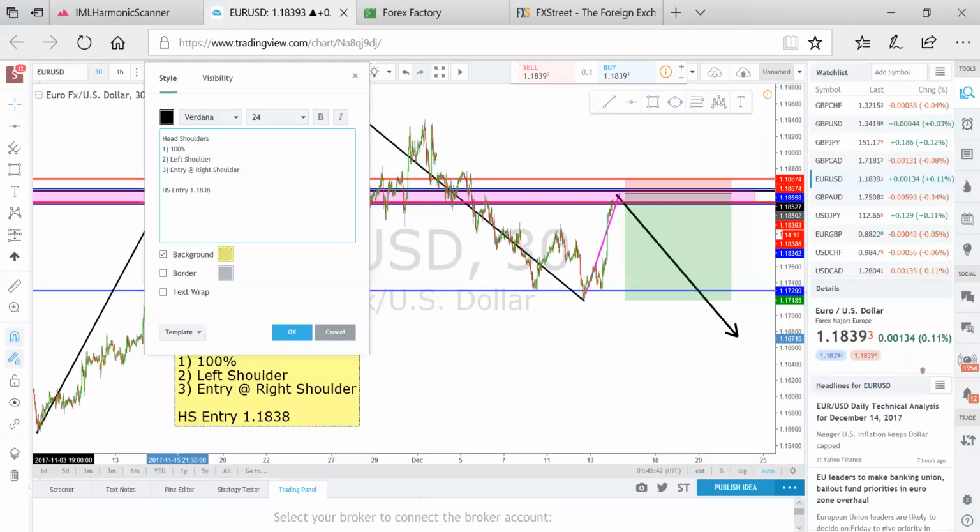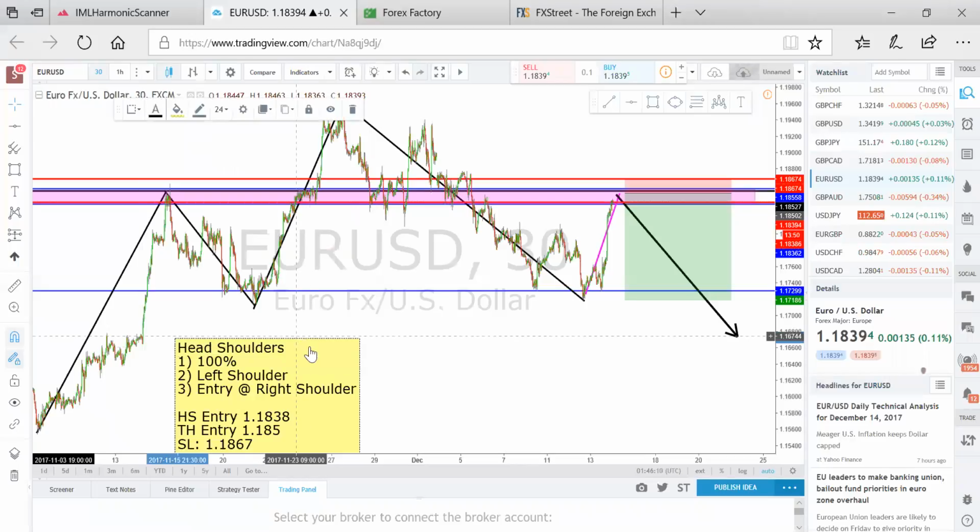And then our trade house session entry, I would say 1.185 with a stop loss of 1.1867, around there.